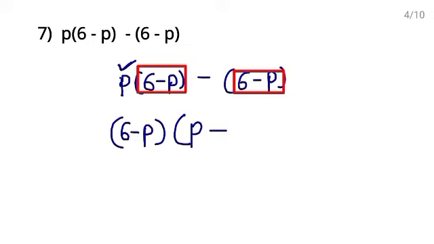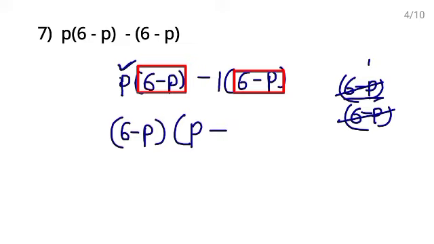So if we have 6 minus p and we took 6 minus p common, what do we have now? 1 is remaining, because you could also write it as 1 multiplied by 6 minus p. So we will put 1 here. Clear? This is your answer.